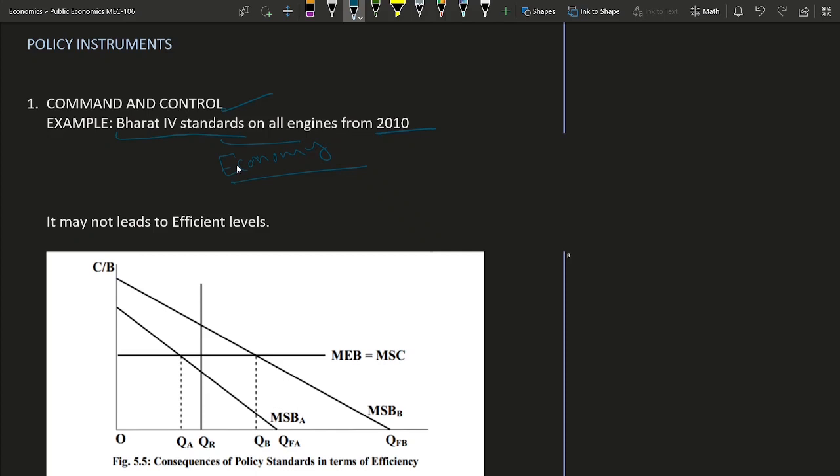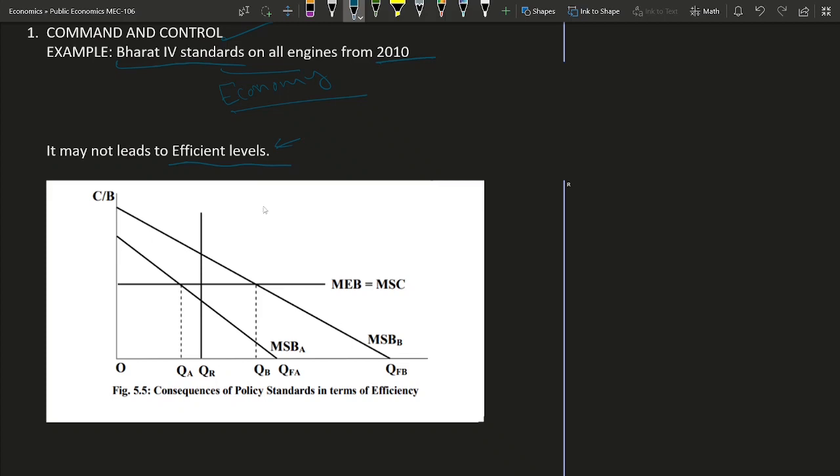the pollution. But in every case, this may not lead to an efficient level, the level where there is no welfare loss. So we will understand one case using this graph. Suppose there are two firms, firm A, this is the marginal social benefit curve of A, and firm B, the marginal social benefit of firm B. Their marginal social benefit curves are different, maybe because firm A is using old technology or old machines and firm B is using new technology and new machines.